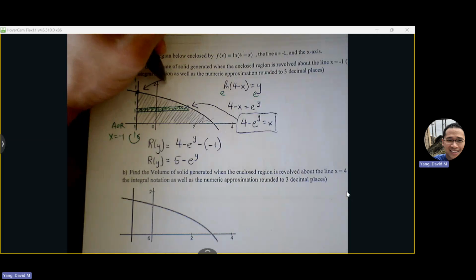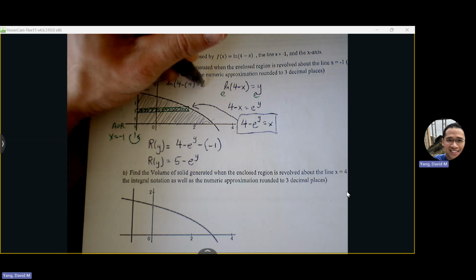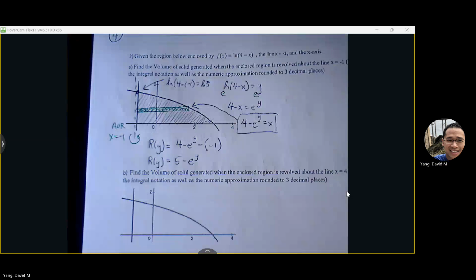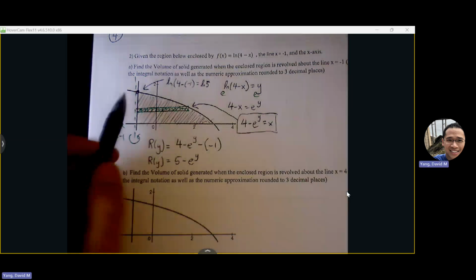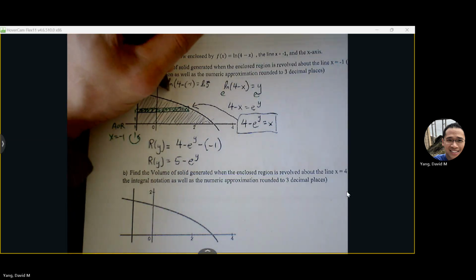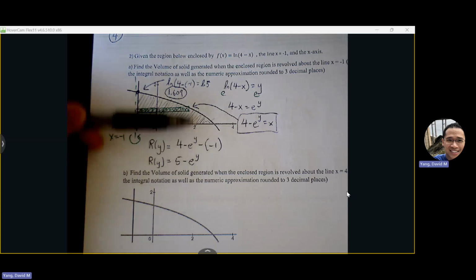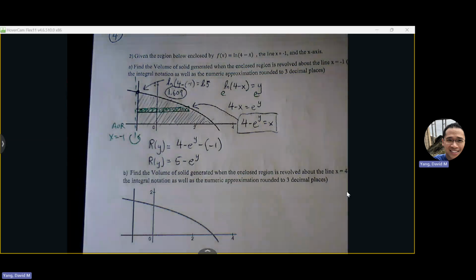So natural log of 4 minus -1, which is just natural log of 5. 1.609 is what I got there. So we're going to go as far down as 0 and as far up as 1.609.